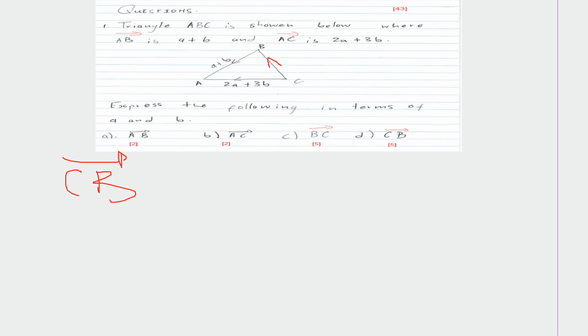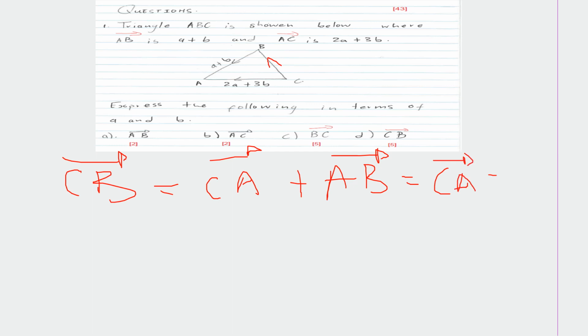So CB is equal to CA plus AB. Then now we check the direction: we have CA, that's true. And then here, do we have AB? No, we have BA. So that means we have to write AB as negative BA. So now it's going to be CA minus BA.